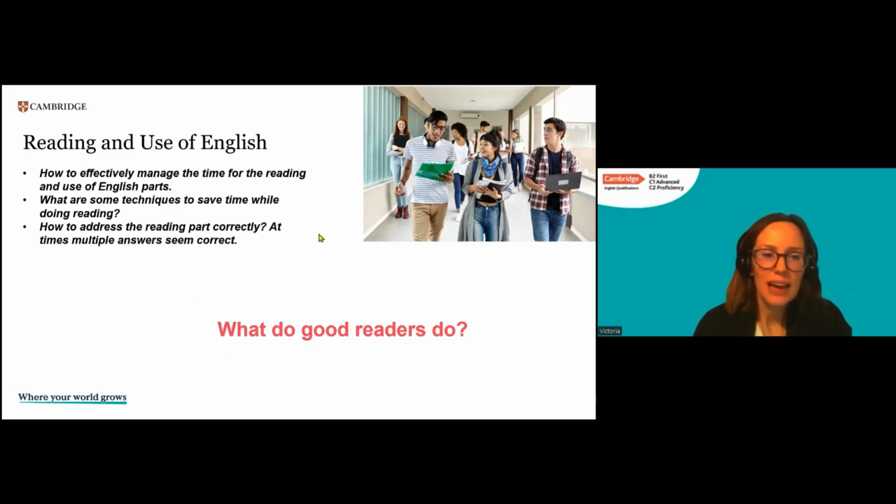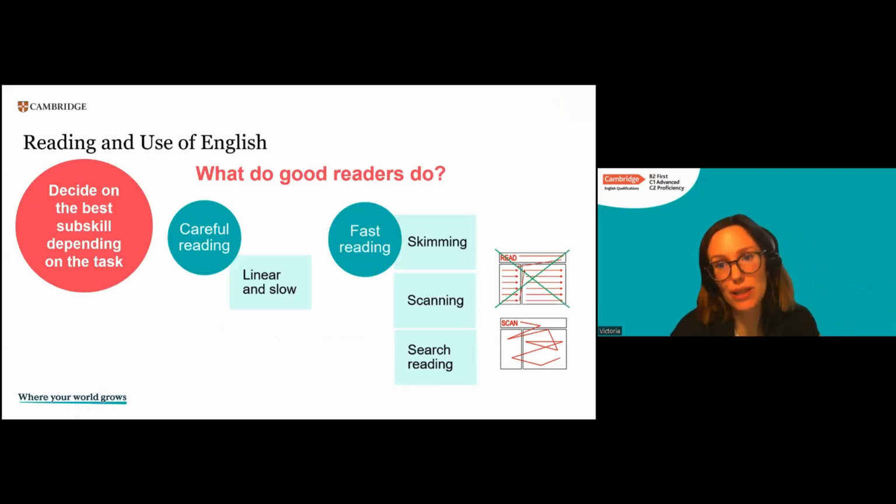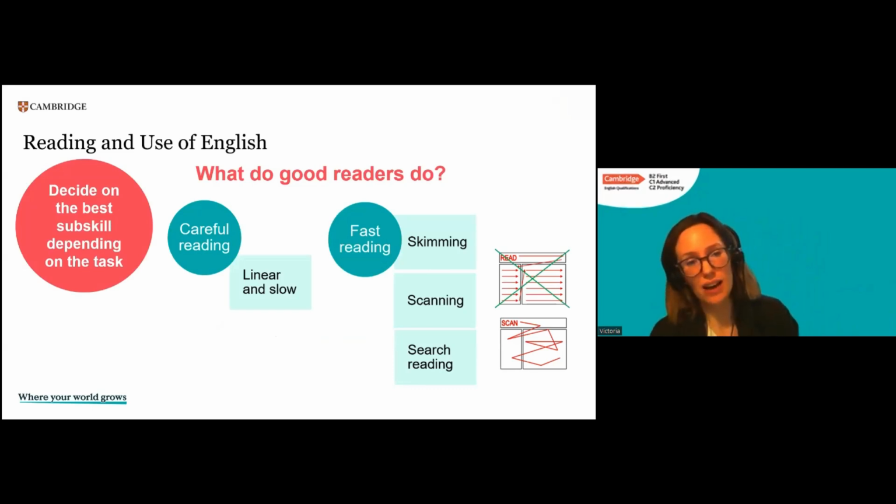Okay. Yes, so indeed, one of the key skills that good readers have is that they can decide on the best approach depending on the task.